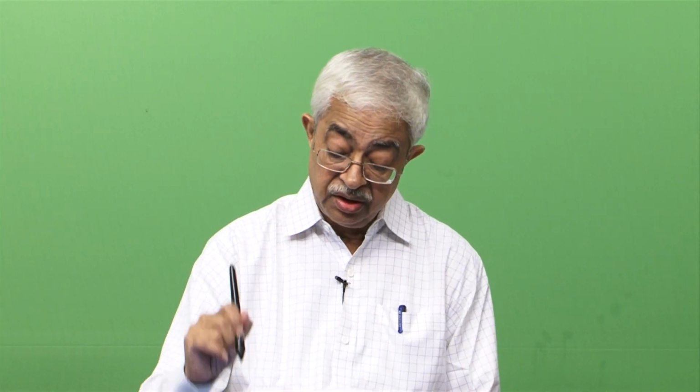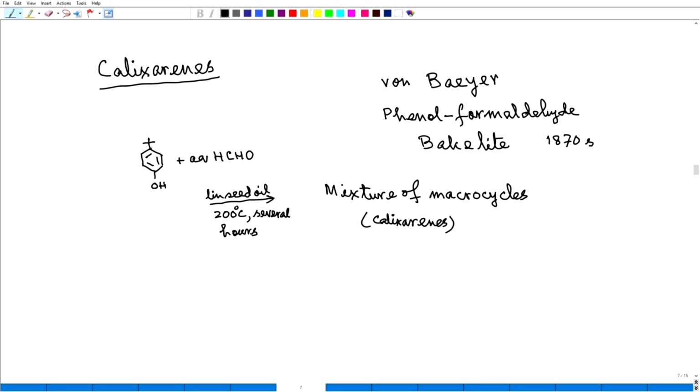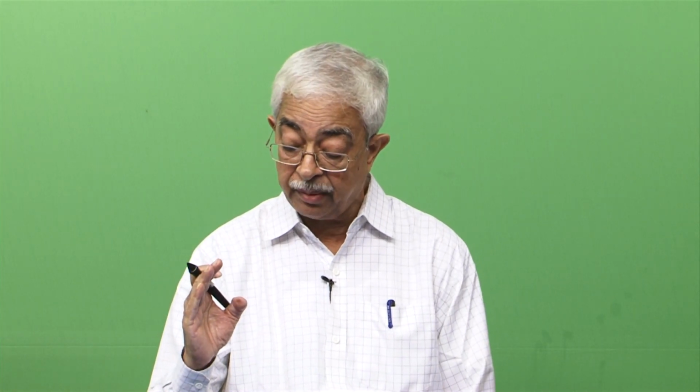So, our desired compound we can get only with para substituted phenol and aqueous formaldehyde in linseed oil at 200 degrees centigrade for several hours, we reflux it, and finally, we get these macrocycles or calixarenes. These also look like a basket molecule, very fine, a very interesting series of compounds, okay, calixarenes. Thank you.